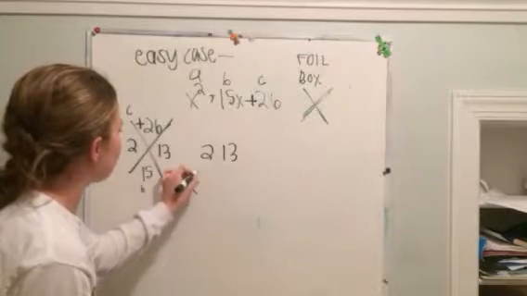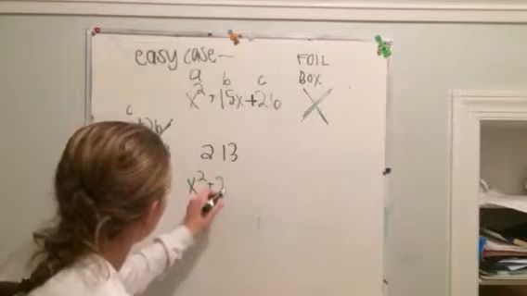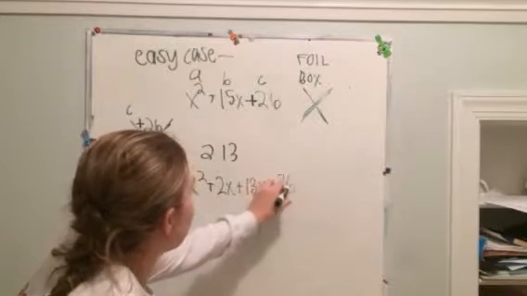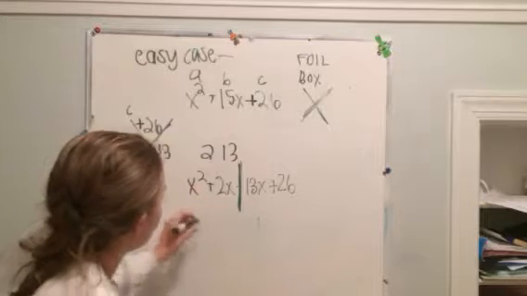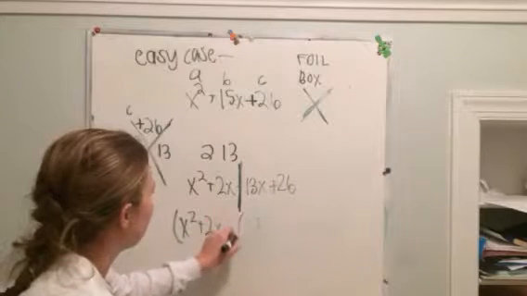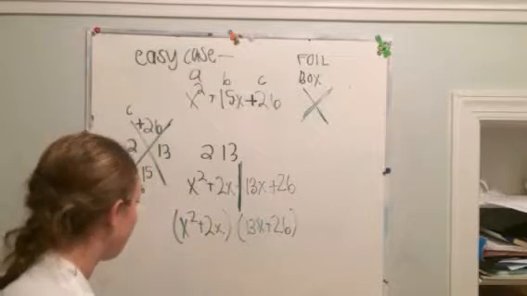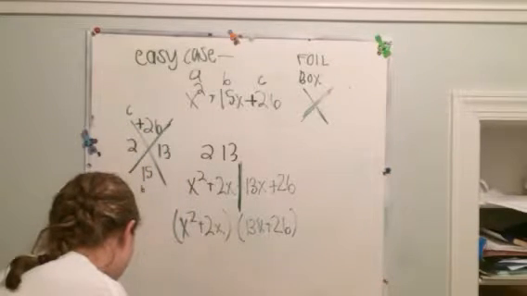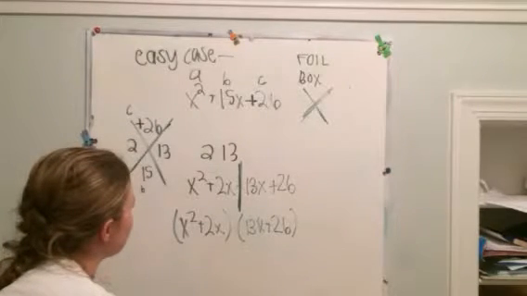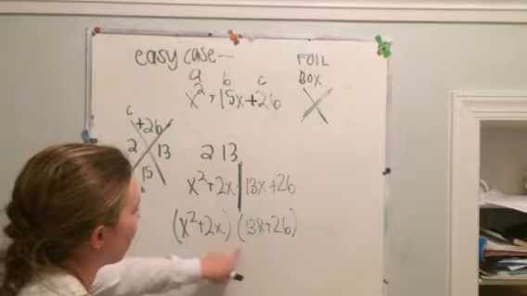And so we're going to have x squared plus 2x plus 13x plus 26. We're going to split this right here, so we have x squared plus 2x and 13x plus 26. Now we're going to take the greatest common factor out of both of these.